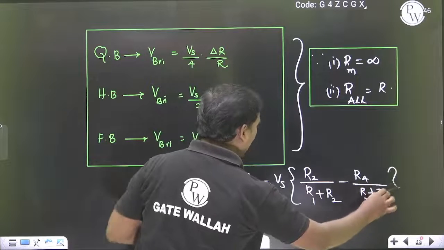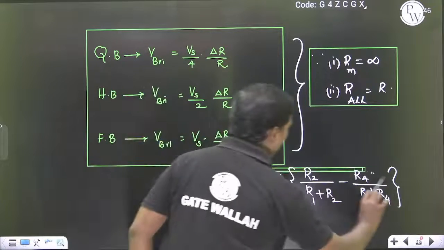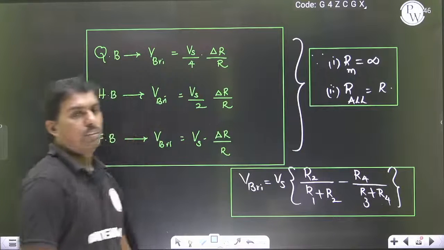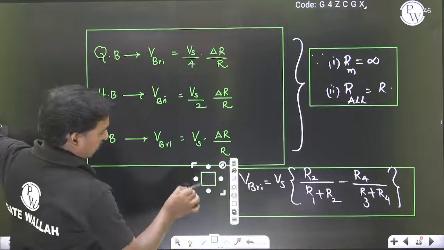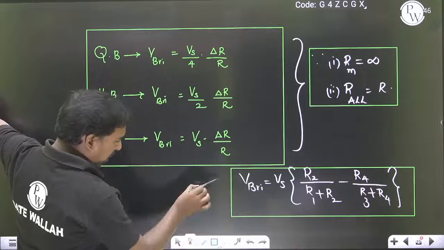This is the generalized formula, which is nothing but the voltage division rule, na? This is nothing but the voltage divider rule. From the generalized formula only all of these are derived.